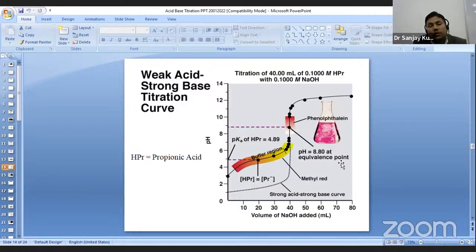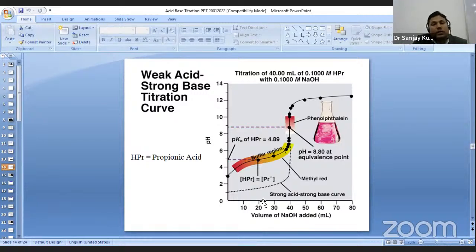Here phenolphthalein gives a color, a pink color compound. If a weak acid is treated against a strong base, definitely the pH will increase in place of 7. The buffer region, which is standard, started from pH 1, but now it will start from 2 point something, because it is a weak acid.